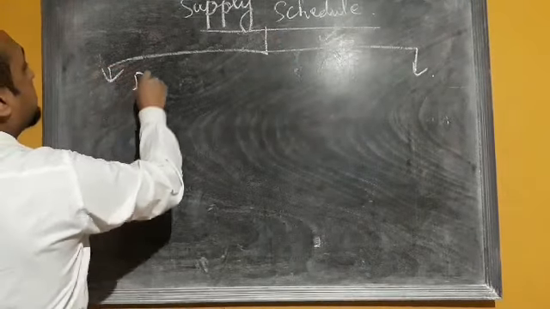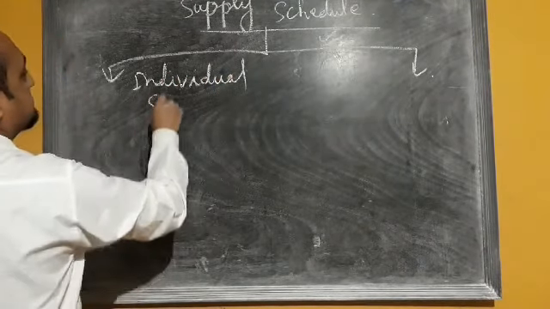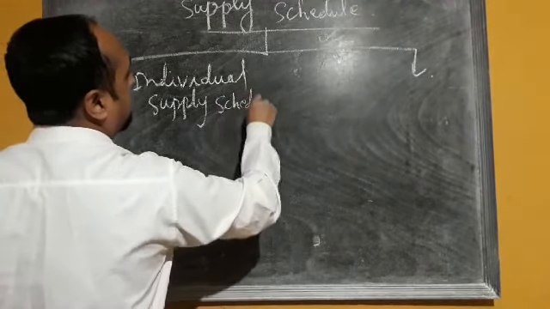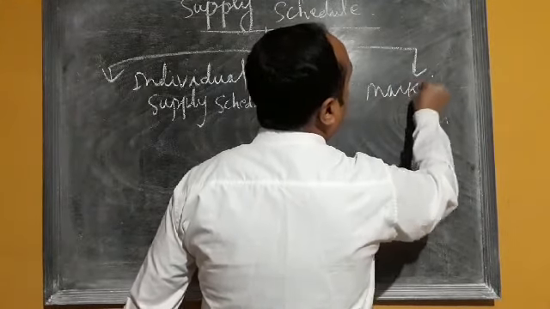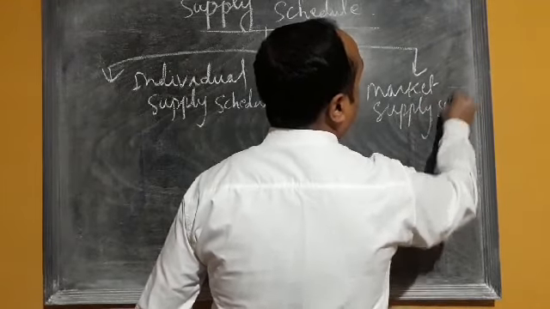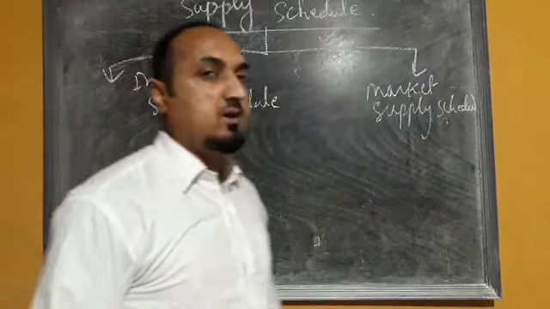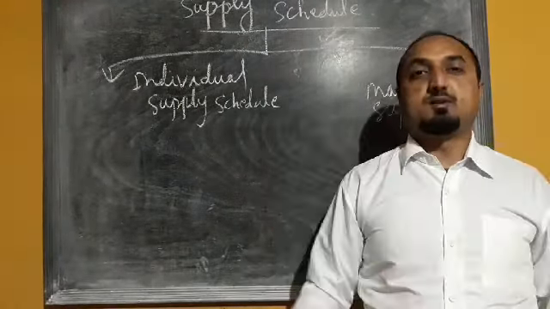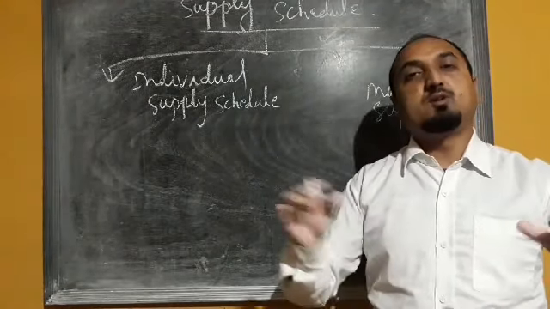One is called individual supply schedule and the other one is called market supply schedule. So here the concept is same. What is supply schedule? Tabular representation of what? Various quantities supplied at the different prices during a given period of time.